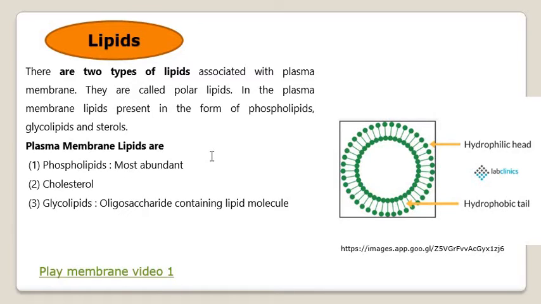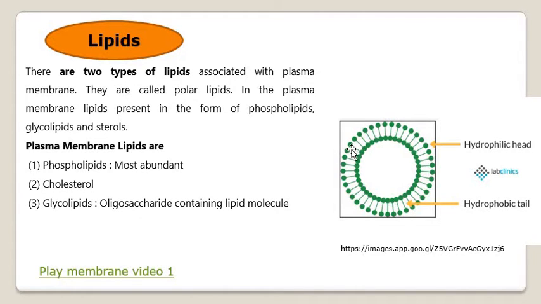So these lipids contain a hydrophilic head and a hydrophobic tail. This simple diagram is showing you the hydrophilic head. Say this is a lipid bilayer, okay, and whatever globular head-like structure you are seeing on the periphery as well as on the inner side, this head is hydrophilic, water loving, so it comes in contact with the water.